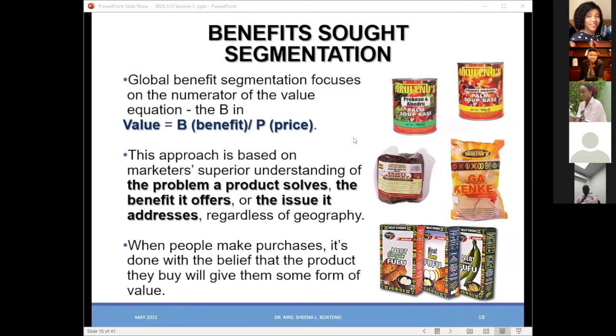Okay, thank you. Good. So that means that comparing the benefits they are getting with the price, they should be able to see that, okay, this is fair. I know on several occasions, some of us have purchased certain products, sometimes at very exorbitant prices, and we have realized that the benefits we got from purchasing it was not up to the price that we paid.